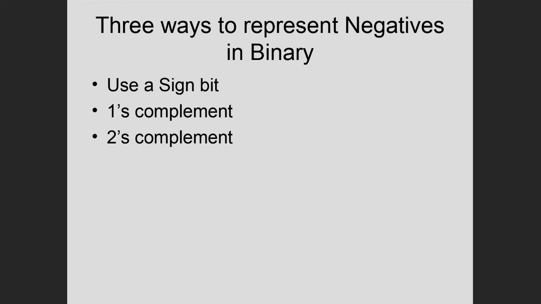All 3 of these are ways to represent negative numbers in a machine. Typically, you don't use a combination of these in a machine. If you're going to use a sign bit, then you will use a sign bit all the time in a particular design of a machine. If you're going to use a ones complement, you'll use that everywhere and all the time in the machine. Typically, the twos complement is what's used.